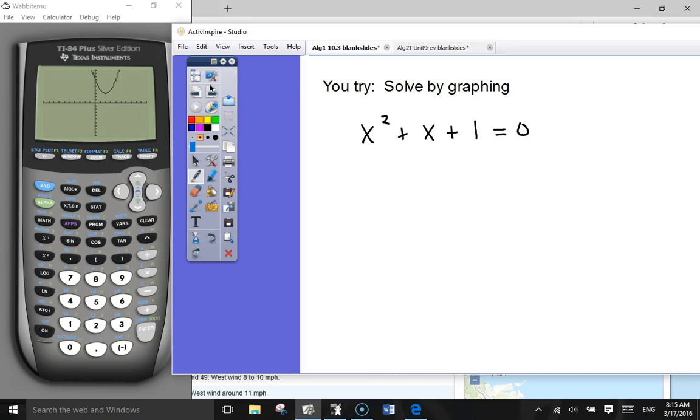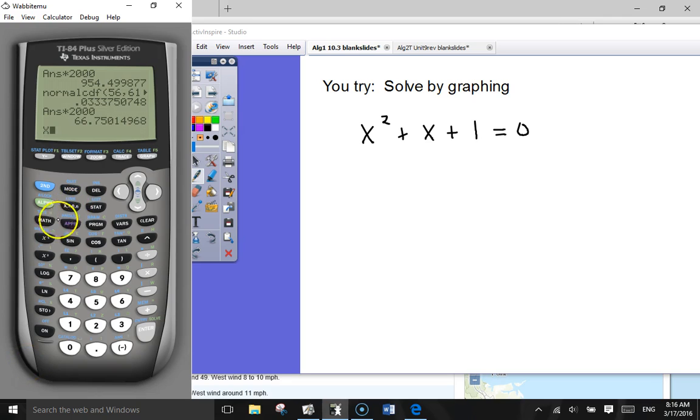So try that one. Solve by graphing. Okay, so x squared plus x plus 1. Clear. x squared plus x plus 1.